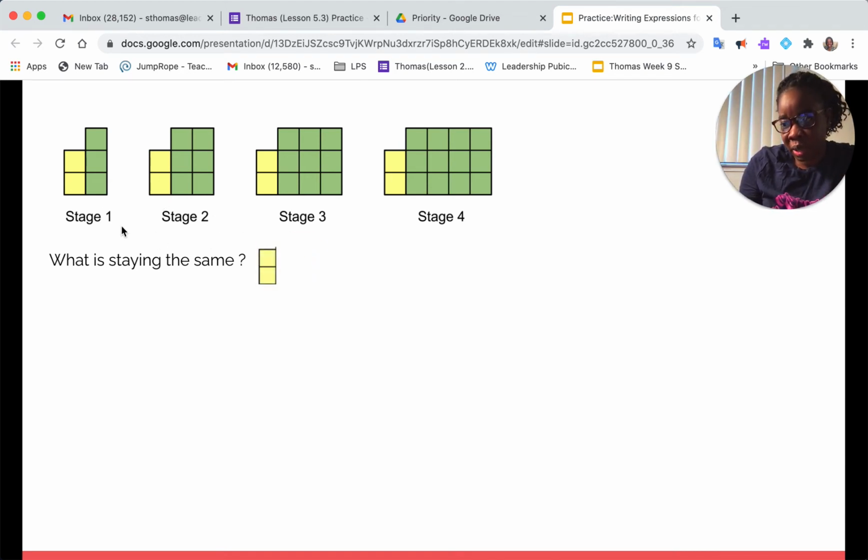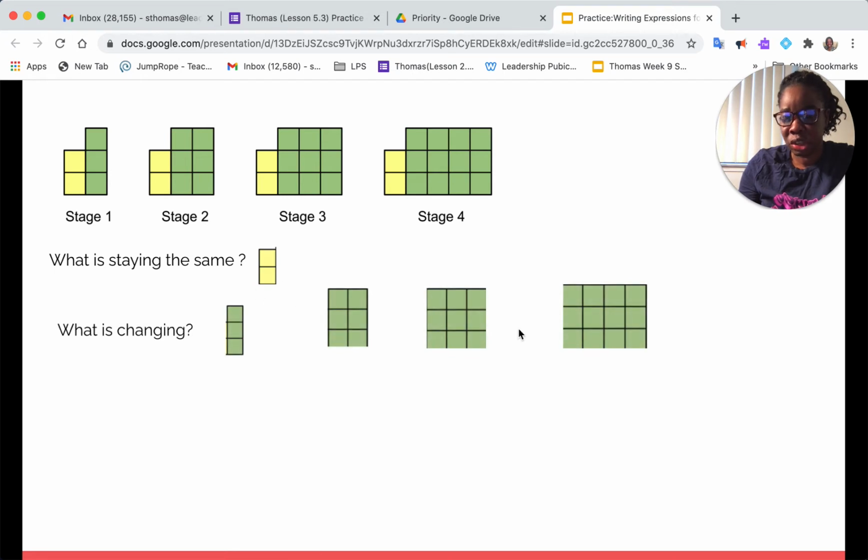So that yellow piece, which is a +2, happens to be the same. What's changing? When I look at what's changing, my green section is growing and it's getting bigger. But I notice, oh, this is 3, that's 6, this is 9, that's 12. So I notice that green portion is changing.